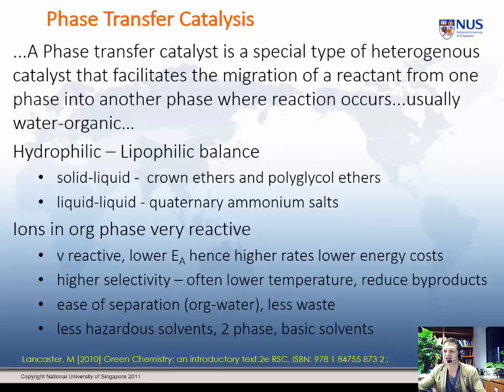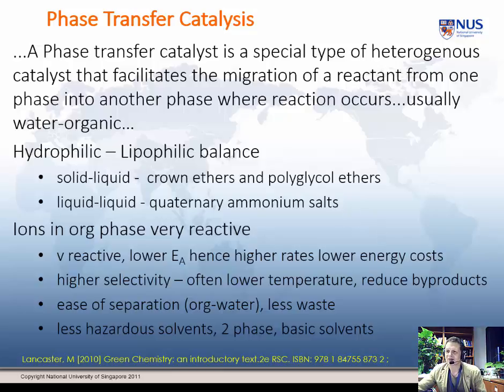Therefore, you have lower activation energies, higher reaction rates, and lower energy costs. Very high selectivity, very easy to separate because you've still got the organic water situation, and you're using less hazardous solvents. So again, it's all looking very green chemical.